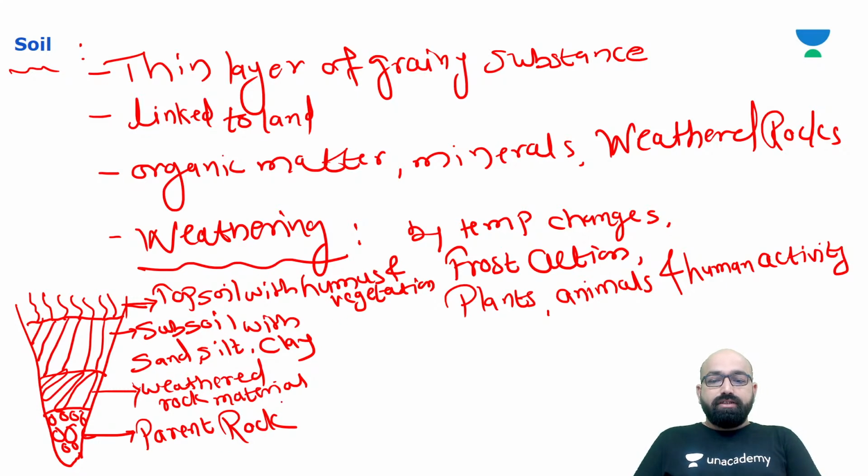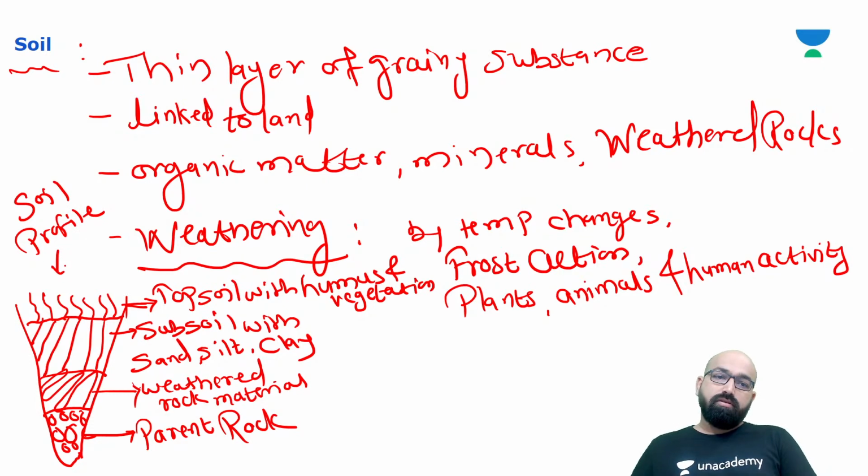So friends, this is the soil profile. The parent rock, weathered rock material, subsoil with sand, silt, and clay, and topsoil with humus and vegetation.